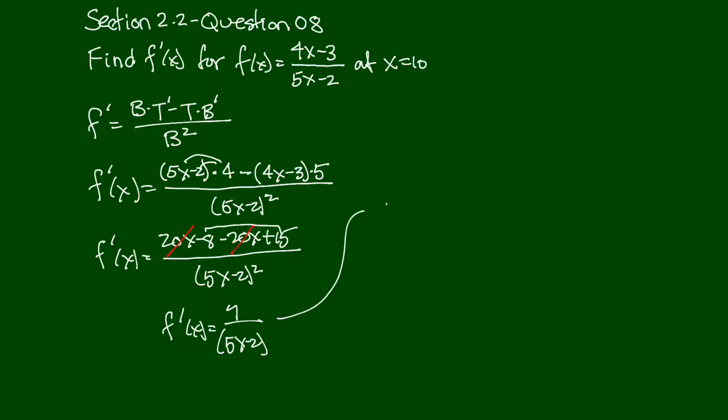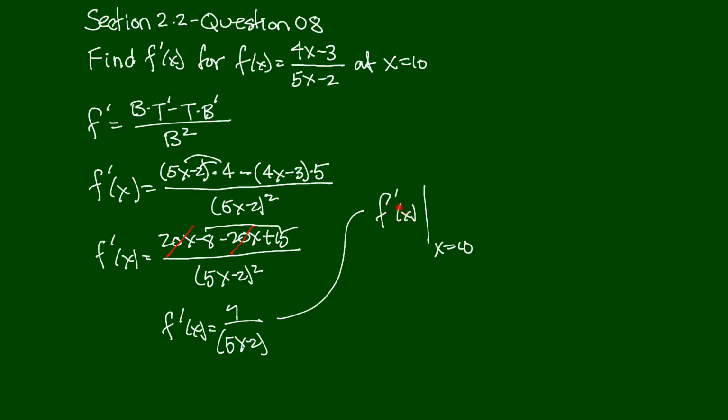And we want f prime of x evaluated at x equals 10. Remember this notation? We used it in a few problems back, but the notation is you write your derivative, or whatever expression you want, evaluated at that particular x value.